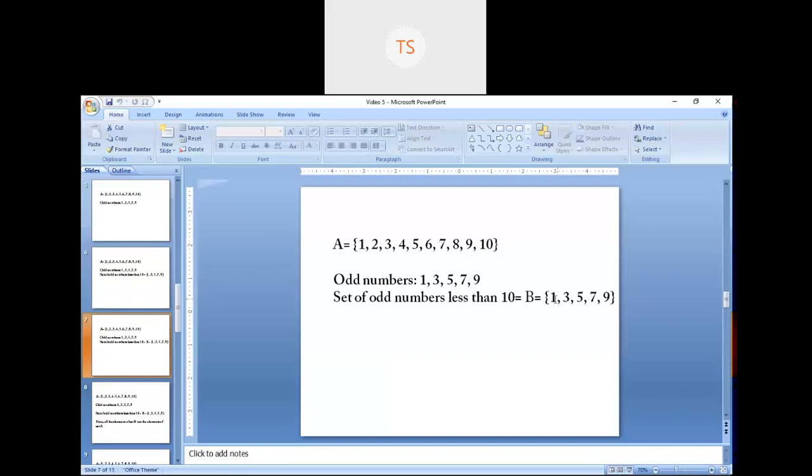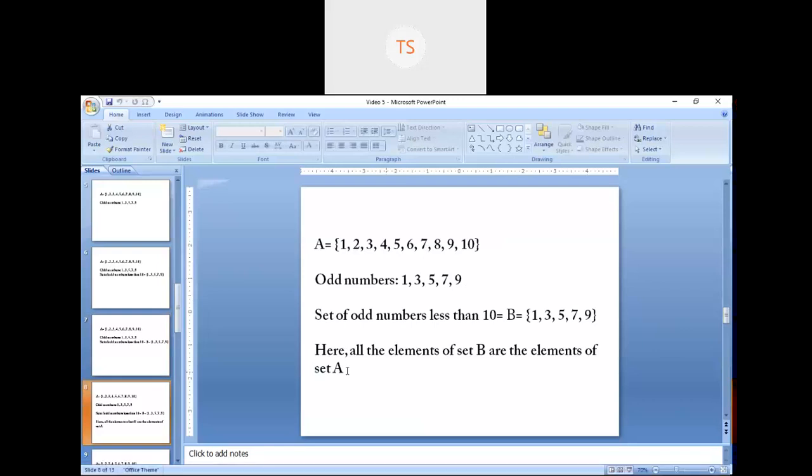So every member of set B is also a member of set A. But set A has some extra elements: 2, 4, 6, 8, and 10. These are in A but not in B. But 1, 3, 5, 7, and 9 are the elements which are in both B and A.